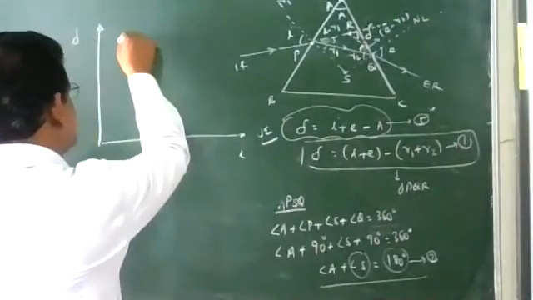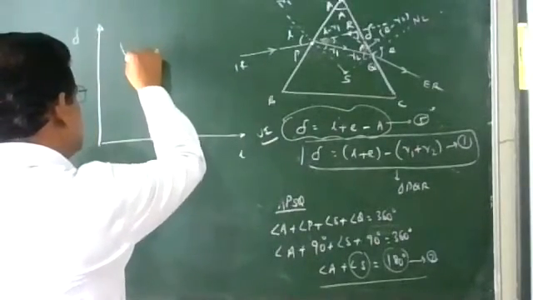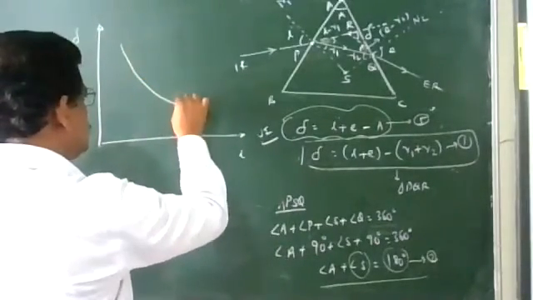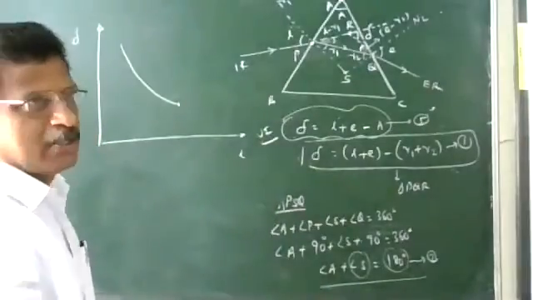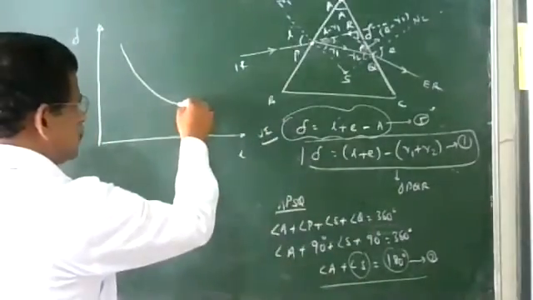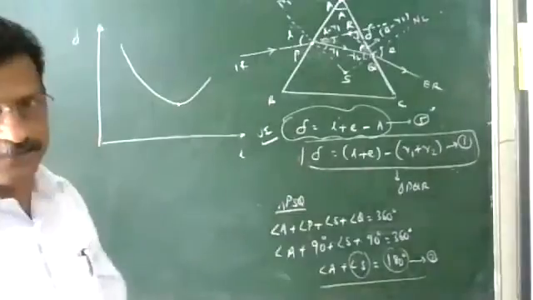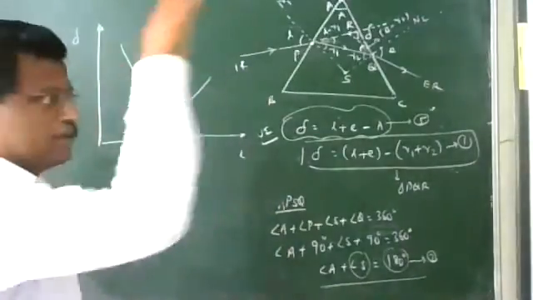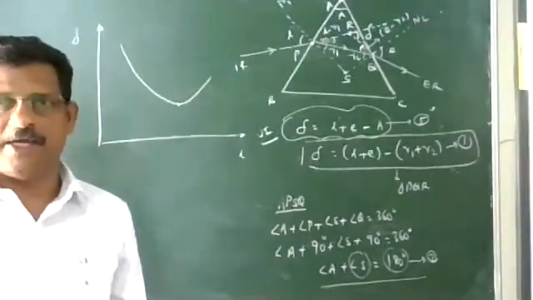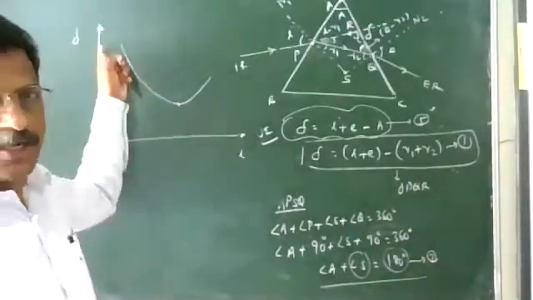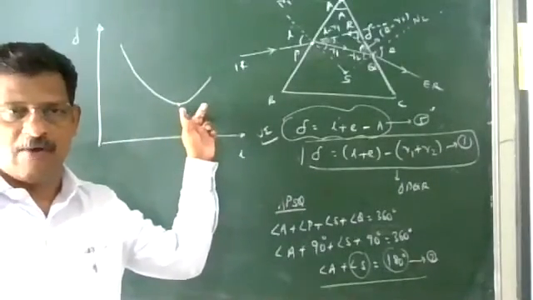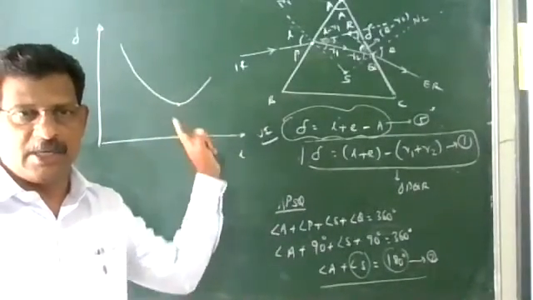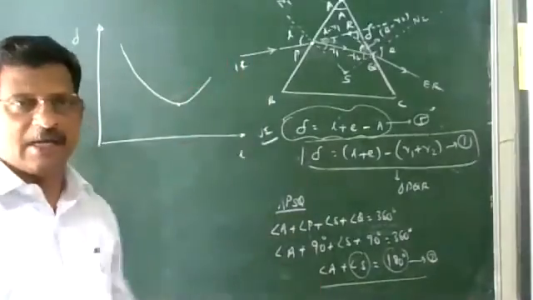As I increases, the deviation value decreases and reaches a minimum value. After that, with increase in angle of incidence, deviation also increases. So this is the pattern of the graph. As I increases, initially deviation decreases and comes to a minimum value. After that, deviation increases with increase in angle of incidence.